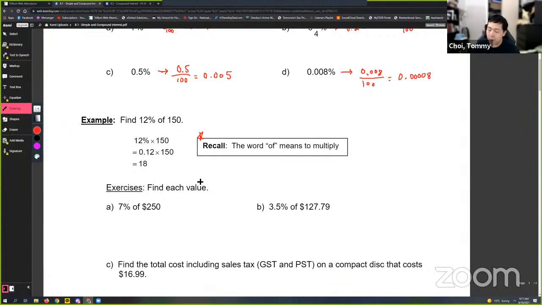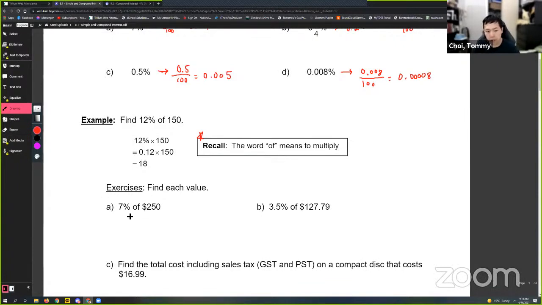But like I said, if we're using it in math, we don't use percentages as percentages. We use percentages as decimals. So we have to convert 12% to 0.12 and then multiply to 150. That'll give us 12% of 150. Okay? Any questions?